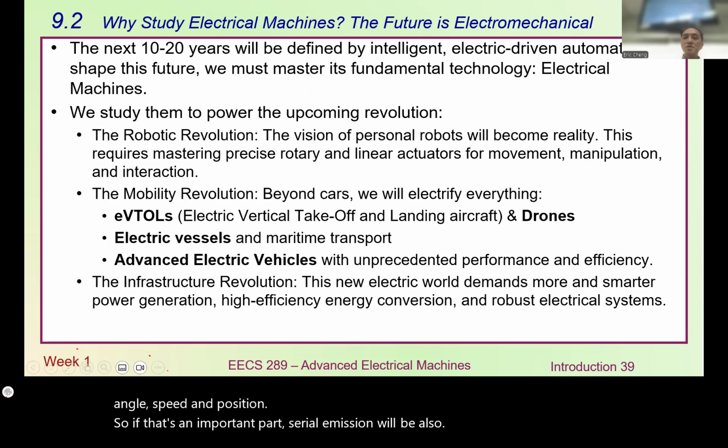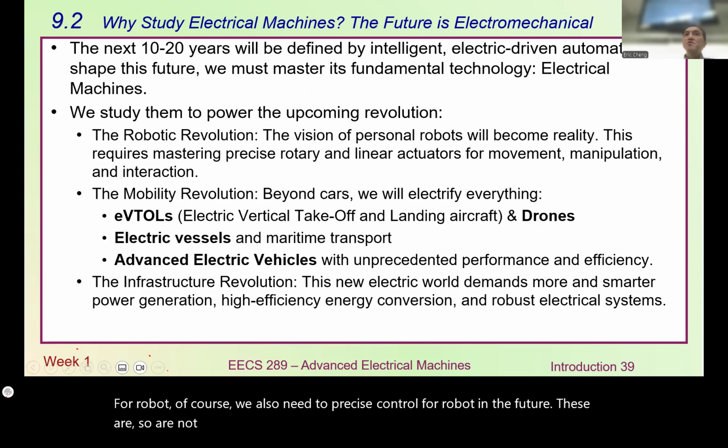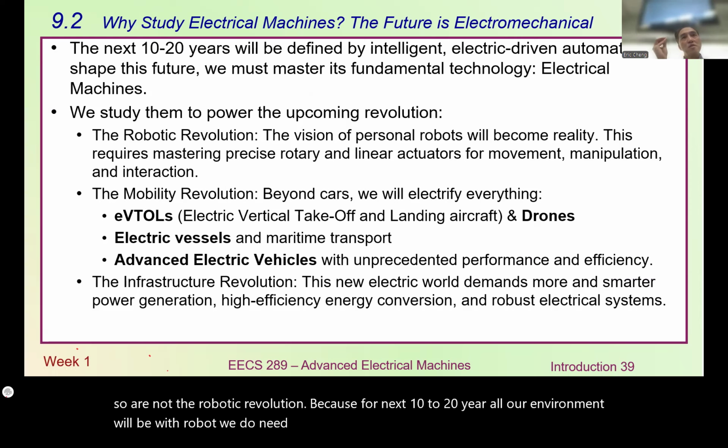For robots, of course, we also need precise control. In the future, this is the robotic revolution, because for the next 10 to 20 years, our whole environment will have robots. When you see the YouTube films, you can see that robotic control is important.